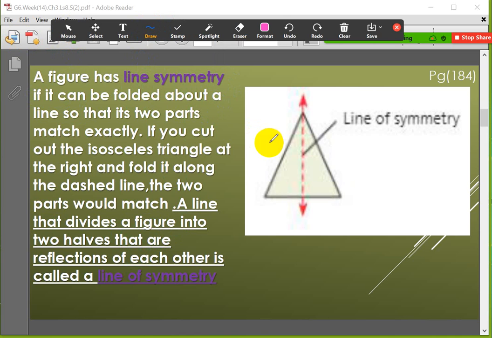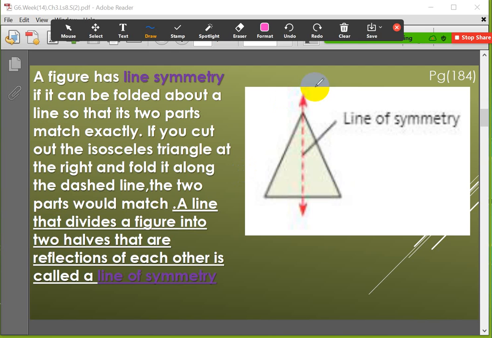What is line of symmetry or line symmetry? A figure, any figure, like any shape, has line symmetry if it can be folded about a line. What does that mean? Folded about a line.